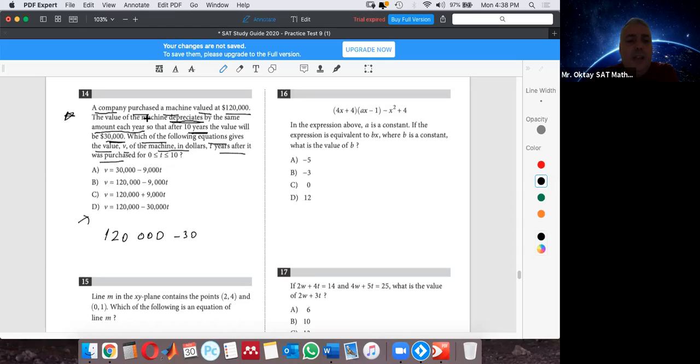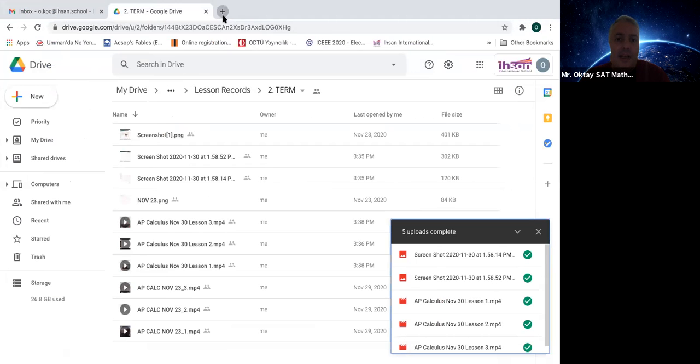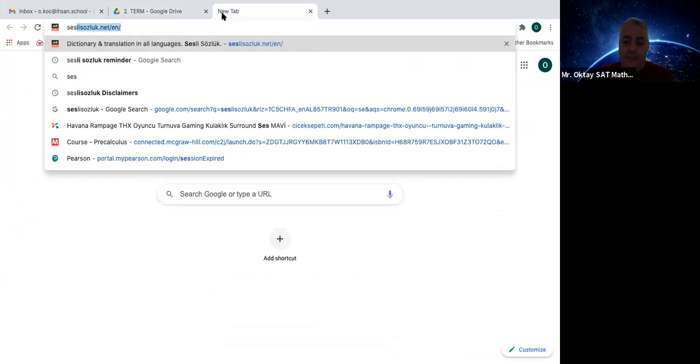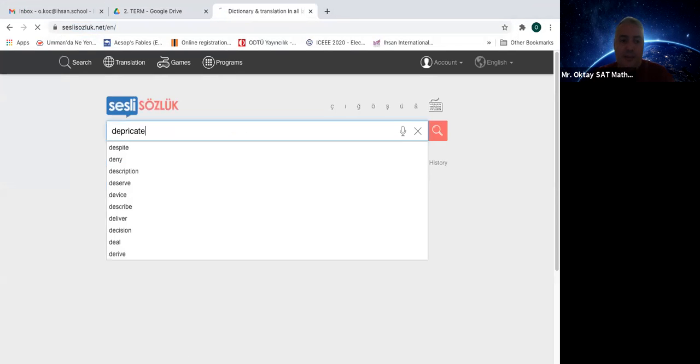Let me check it quickly. The value of the machine depreciates by the same amount each year, so that after 10 years, the value will be 30,000. Let me check to be sure what depreciates means, guys. I don't want to make a mistake. Let's see it.